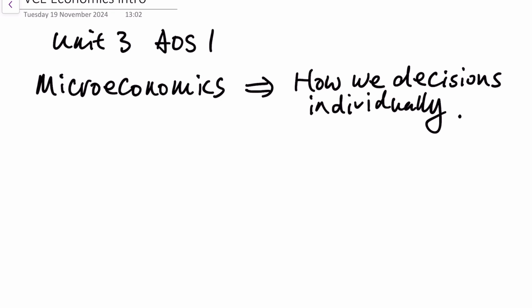Whereas in macroeconomics, it's more of how government policies and the big economic indicators like unemployment rate, inflation, GDP growth affect our daily life. So microeconomics, I think, is a perspective from the individual, whereas macroeconomics is from a societal perspective.